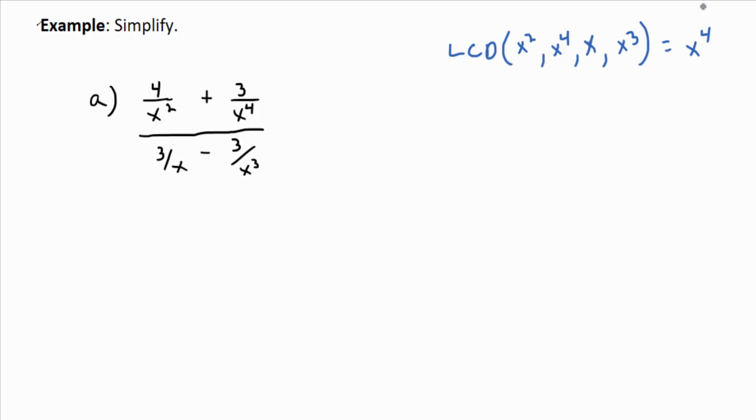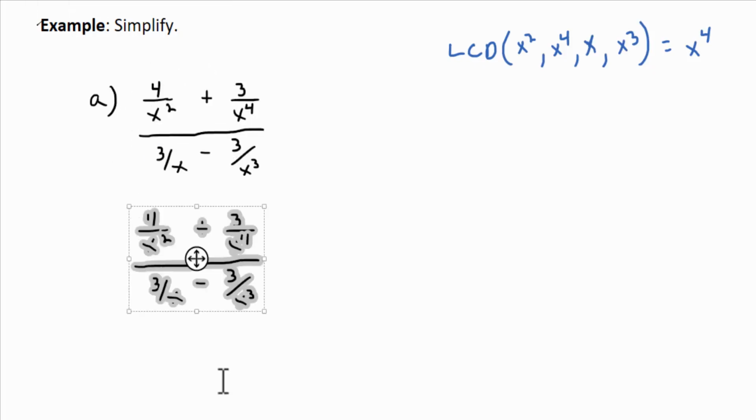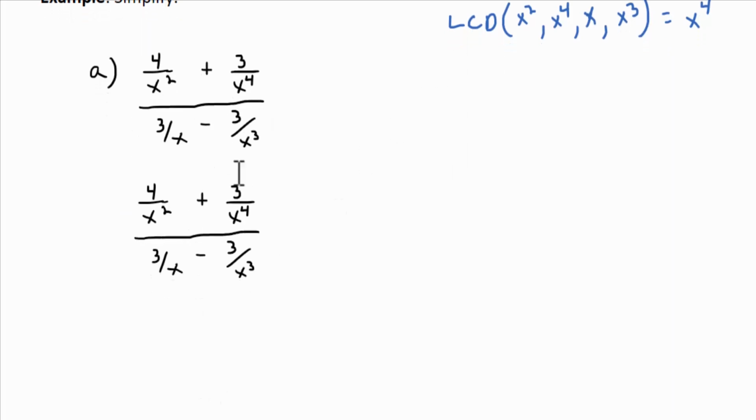We're going to multiply the numerator and denominator of the big fraction. You know what? Let me make another copy of this so that I don't mess up the original statement here. So we're going to multiply the big fraction, numerator and denominator, by x to the 4th.